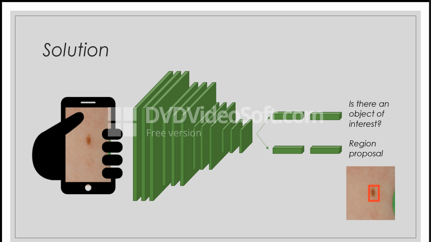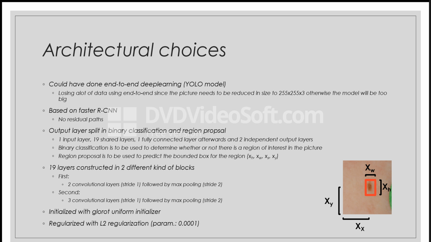When doing it, what I could have done was going end-to-end deep learning or using a YOLO model. It wouldn't have helped me a lot because it's a time series question when we're doing this kind of disease. So I could use that kind of model, look at it and say, okay, that's a mole, that's a mole, that's a mole, that's a mole, and then this is not a mole.